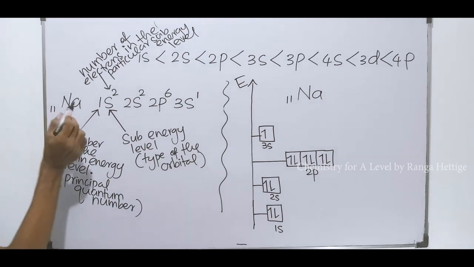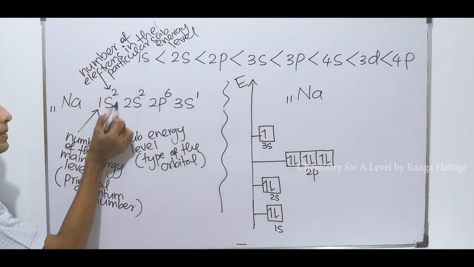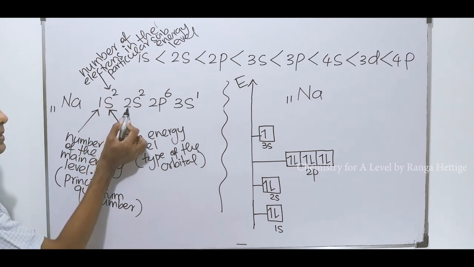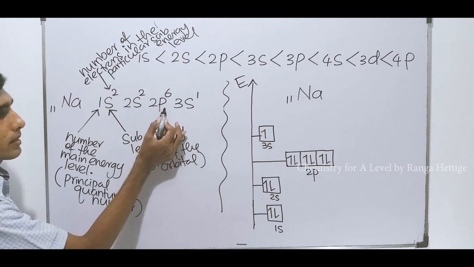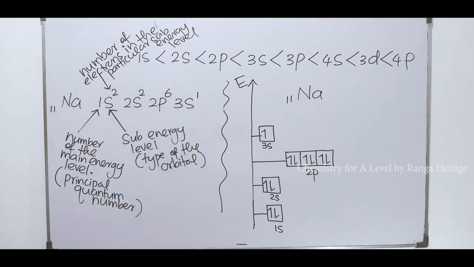You can see in this atom, the first main energy level has an s sub-energy level with 2 electrons, the second main energy level has a p sub-energy level with 6 electrons, and the third main energy level has an s sub-energy level with 1 electron. So this is how we write the electron configuration of ground state atoms.